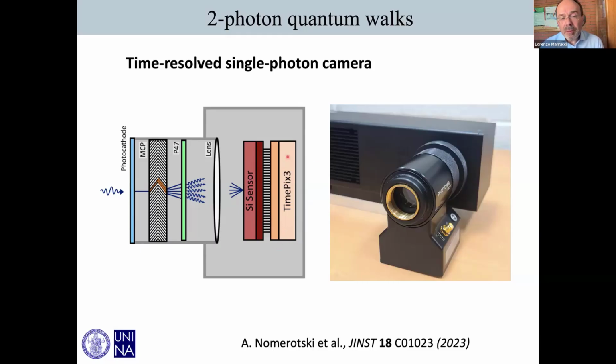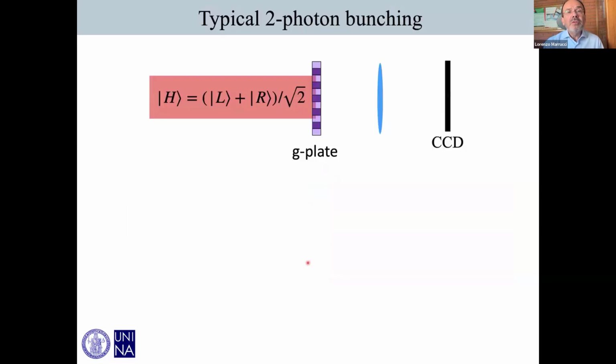And then a complex electronic system that is able to time tag every photon, allowing you to detect all these signals, including the time of arrival. So using this approach, we started studying, before studying more complex situations, what a G-plate does.